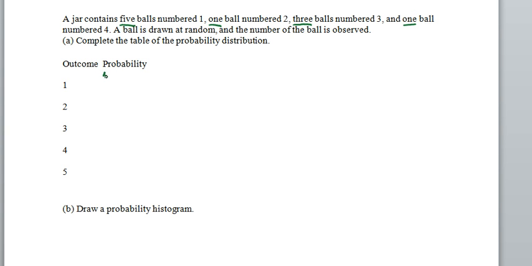So 5 out of 10 are numbered 1, so the probability that the ball that is drawn is numbered 1 is 0.5. 1 out of 10 is numbered 2, so the probability to draw a single ball that is numbered 2 is 0.1. 3 balls are numbered 3, so the probability of drawing a ball numbered 3 would be 0.3.